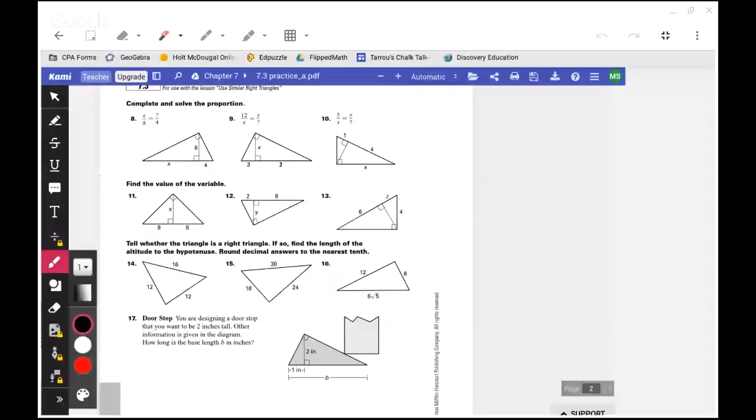Oh, okay. So on 14, first thing you have to do is look and see if it's a right triangle. So tell me, is 14 a right triangle?